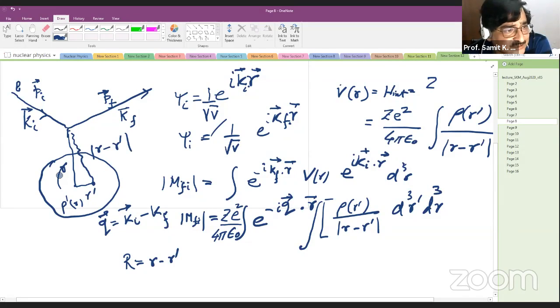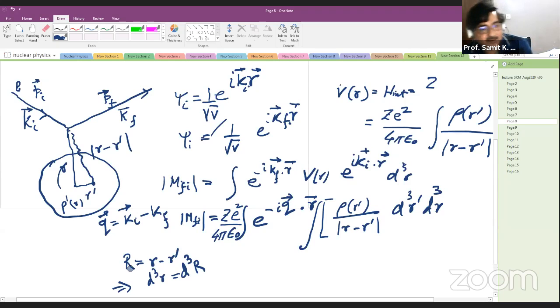We can consider that r is very large compared to r prime, and then we can easily write d^3R equal to d^3r, because r prime will be very small. So we can use this for simplicity; we can just assume this condition.